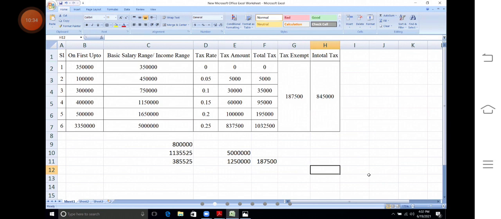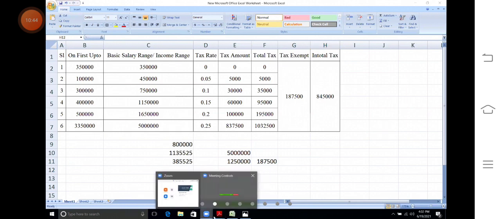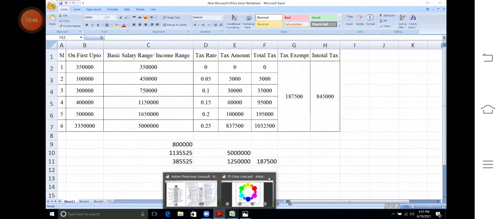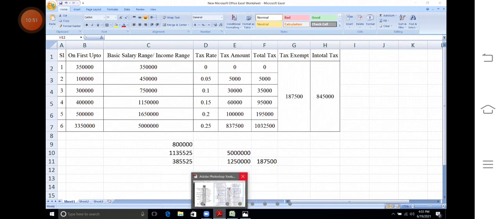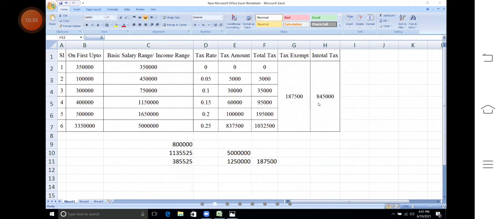So your next class, your task. Next class, your ID. I repeat it again. Next class, when I tell you, please open and share your screen. Then you need to share it with your roll number.